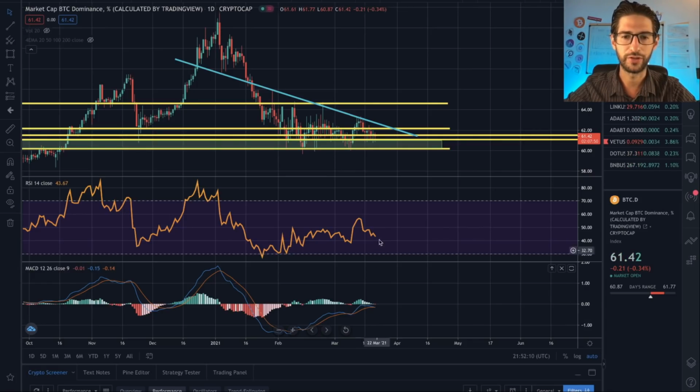We are seeing the chart on daily candles, and usually for Bitcoin it's not too good each time that we cross the MACD on a daily basis for the Bitcoin dominance. And in that case, that will mean that we can see the break of this support and go into the 58 or 57 even on the dominance for Bitcoin, and that will increase the possibilities of a rally on the altcoins.